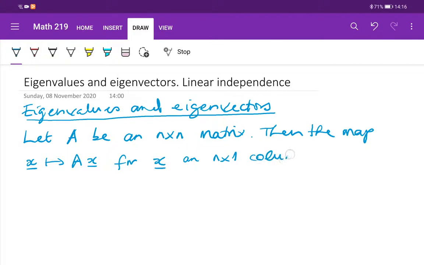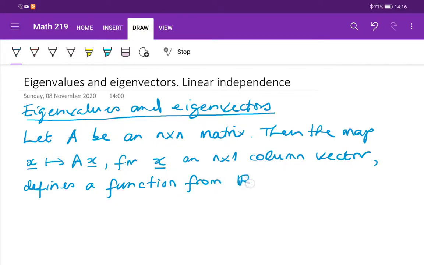So this defines a function from Rn to Rn.